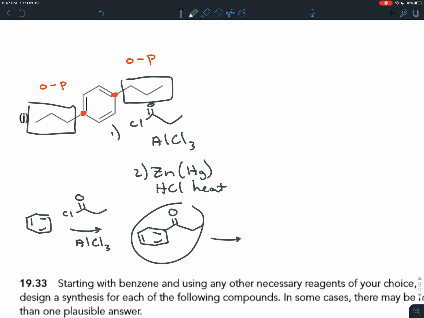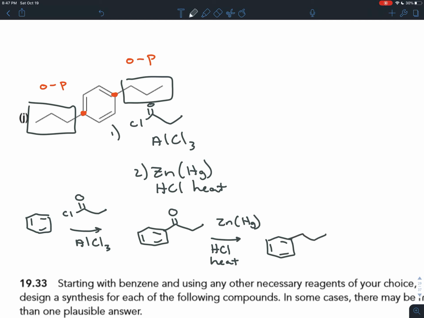Notice that we can't add another one of these because then it would add meta. This is a moderate deactivator, pi bond to an electronegative atom on the benzylic position, and a meta director. So first we have to reduce it. So now we'd have our weak activator, and then we can go through the process again.